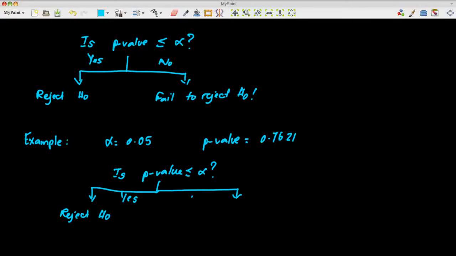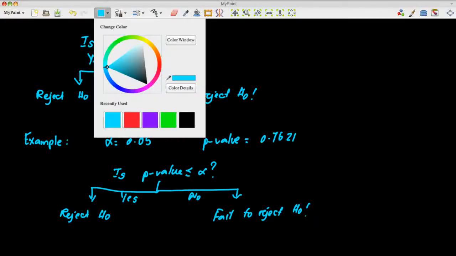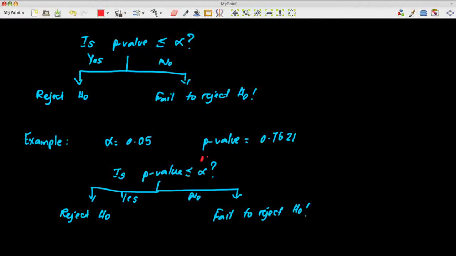If I say no, I would fail to reject null. Clearly, in this problem, alpha is 0.05, p-value is 0.7621. Is 0.7621 less than or equal to 0.05? The answer is no. So I fail to reject null.